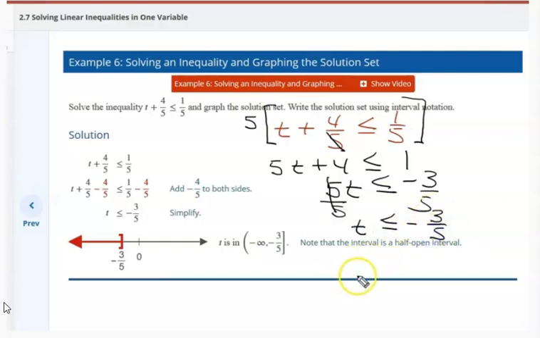Putting this on a graph, let's say this is our negative 3/5. What symbol are we going to use here? This is going to be a bracket, but which way will it face? Since t is less than, it's going to face this way. Then you just draw your line, and here it's done.